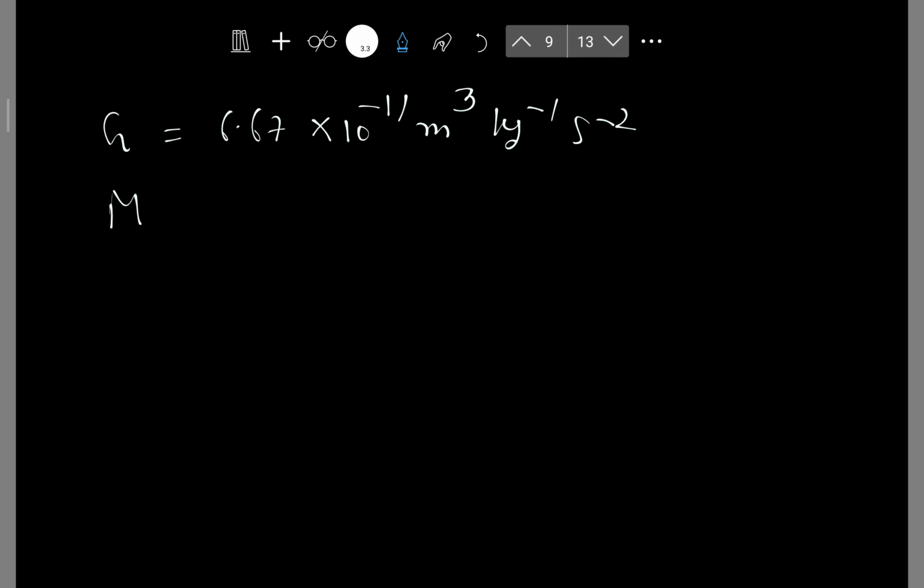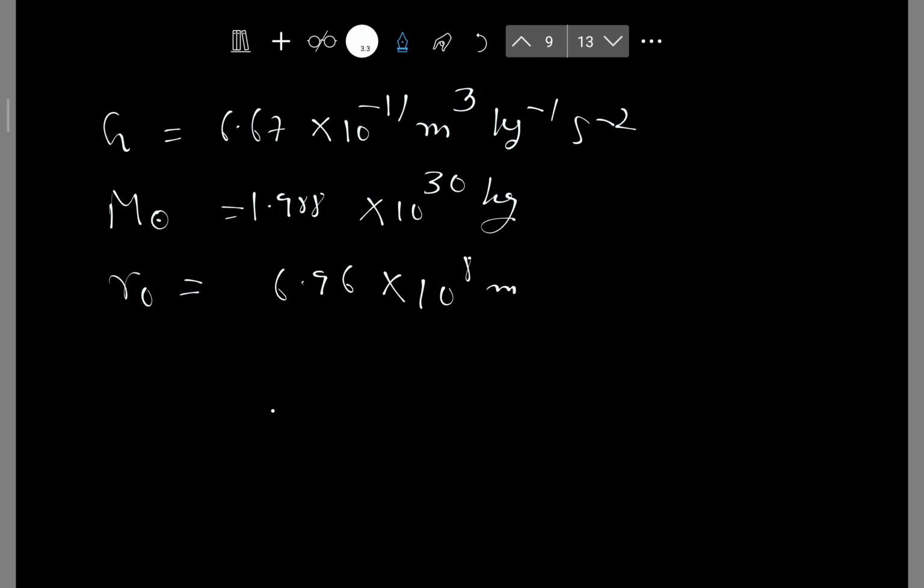Now, using G equal to 6.67 times 10 to the power minus 11 meter cubed per kg per second squared, M0 the mass of the sun 1.988 times 10 to the power 30 kg, r0 the radius of the sun 6.96 times 10 to the power 8 meter, and c the velocity of light 3 times 10 to the power 8 meter per second.